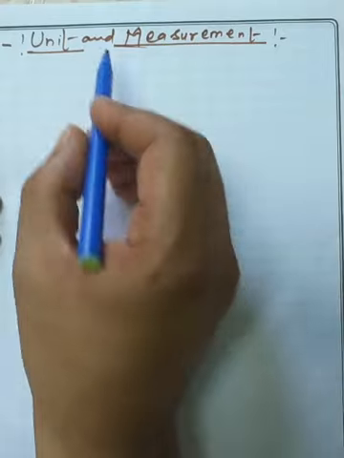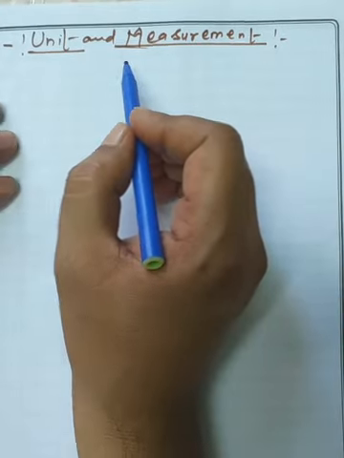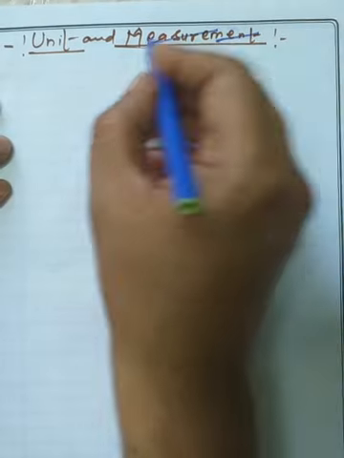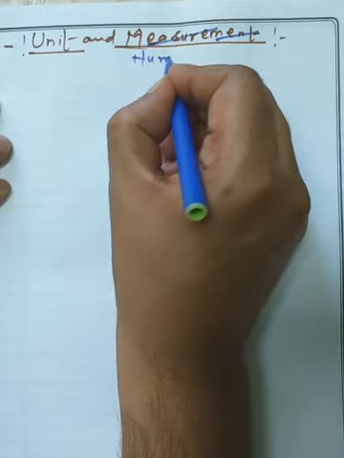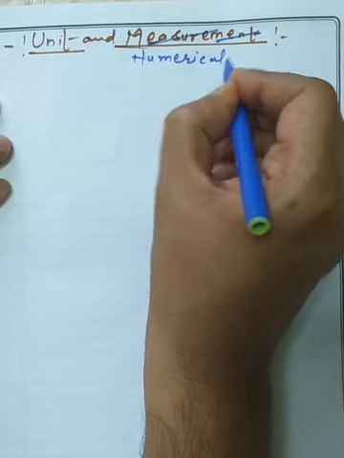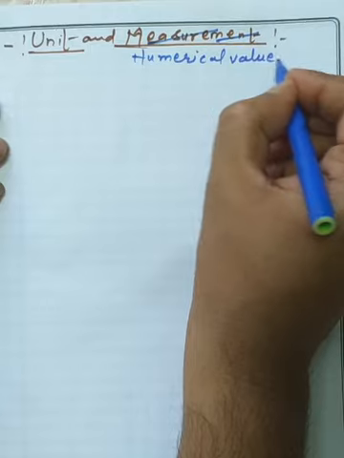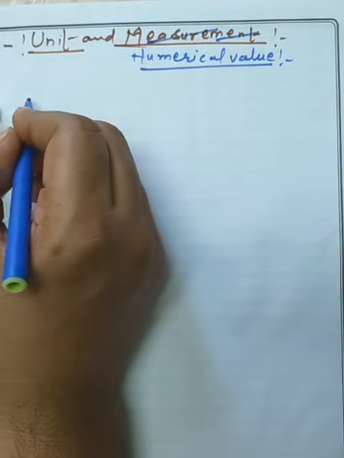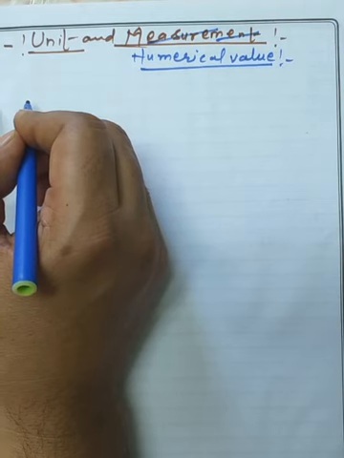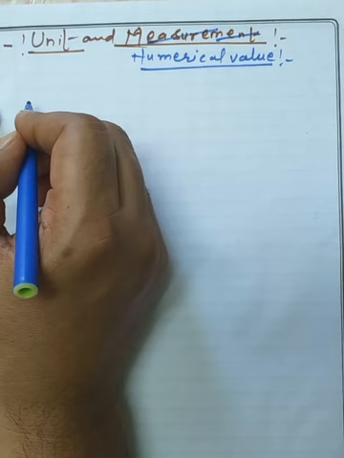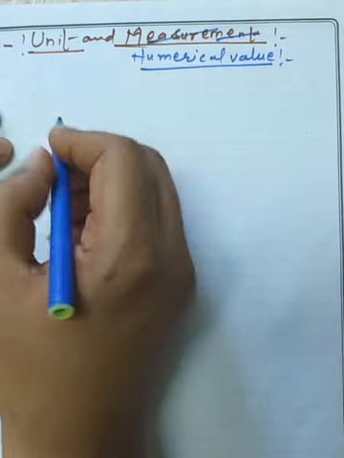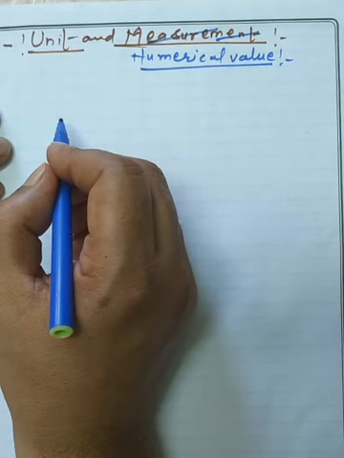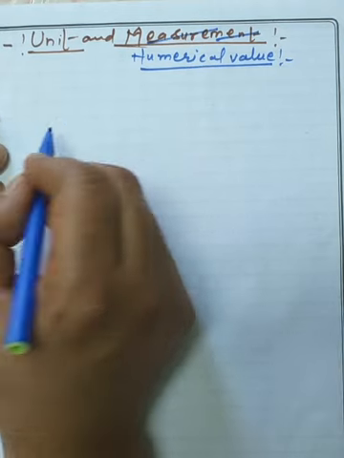Now the another term we have is the unit and numerical value. So what actually is the unit? Whenever we are measuring any physical quantity with the help of a standard measurement, that measurement having the same kind of nature as the quantity has is called the unit.